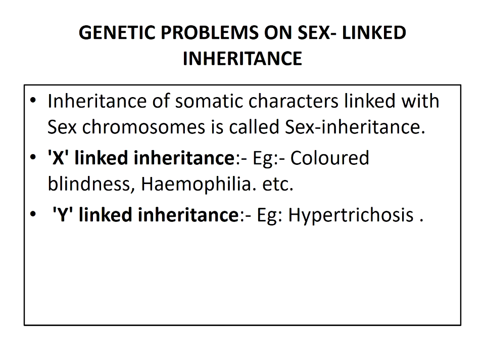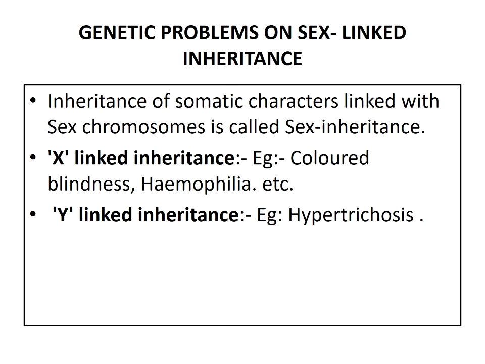And here we are going to see two main kinds of inheritance, that is X-linked inheritance and Y-linked inheritance. In X-linked inheritance, certain genes which are determining the somatic characters are located only on the X chromosomes and their alleles are absent on the Y chromosomes.